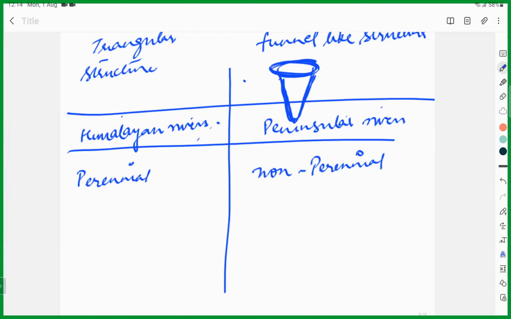And during the rains, these rivers overflow. Whereas the peninsular rivers are rain fed rivers. Only during the rains they have water in them, and in the other seasons, especially the summer season, they completely dry up. Okay.